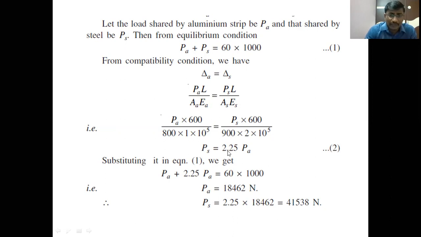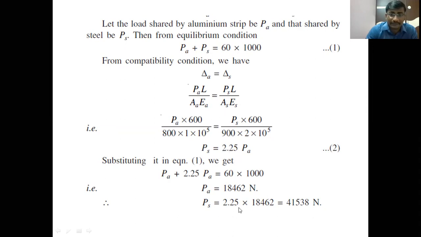PS is equal to 2.25 into PA. We can write PS in terms of PA from this equation. Clear? Upon substituting this PS value into equation 1, the equilibrium equation, in place of PS we substitute 2.25 PA.